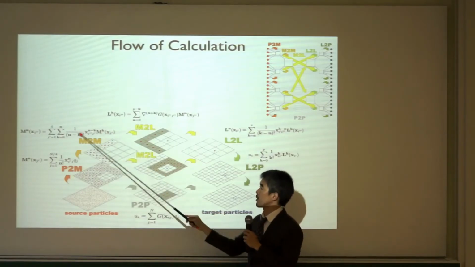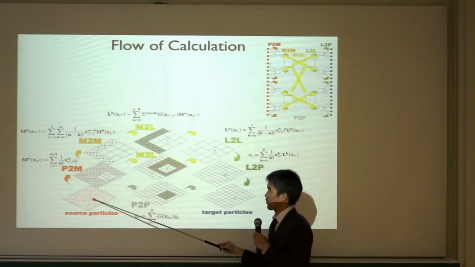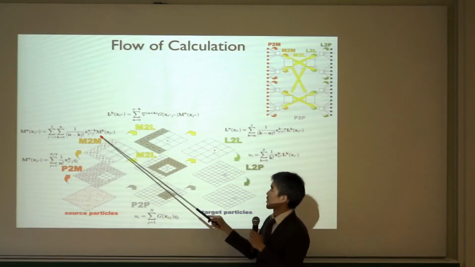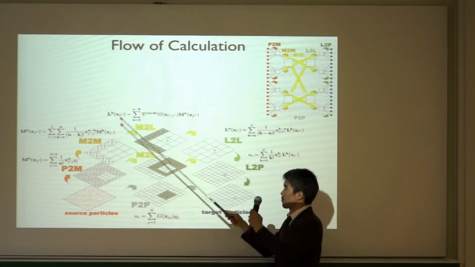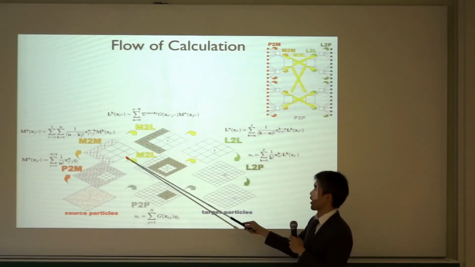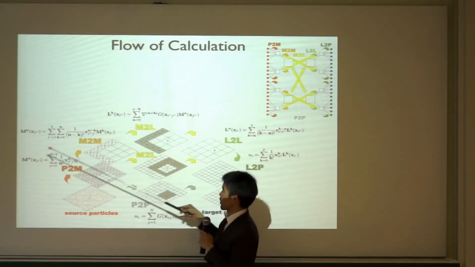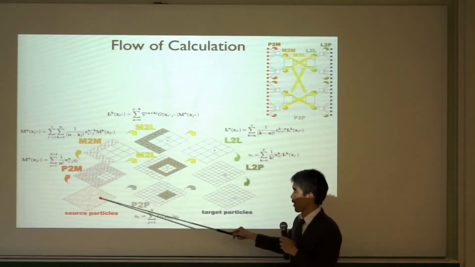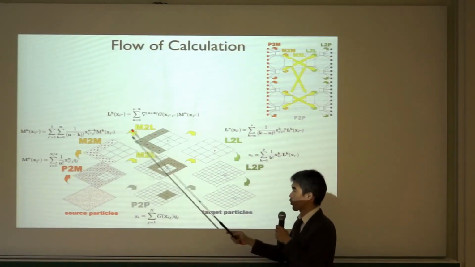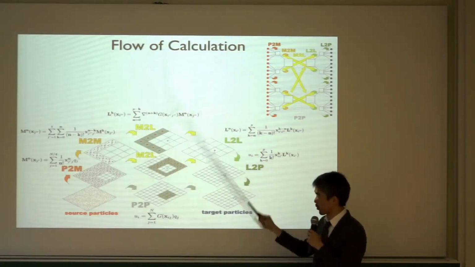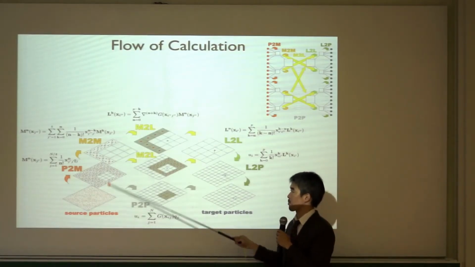You do this anyway. It's the same calculation, even if there's empty space. You just keep doing this calculation going up and up the tree. Once you reach the top, you have all the multiple expansions, m, at all levels and all boxes in the tree. So you have a full tree full of multiple expansions.